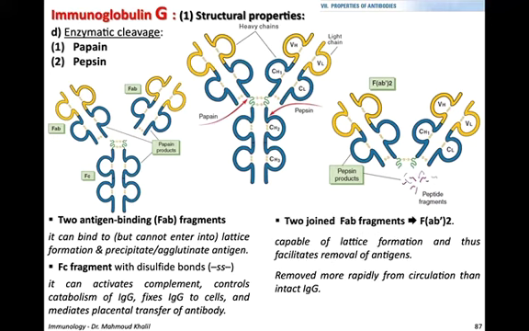These two joined Fab fragments are differentiated in the nomenclature as F(ab') 2, to differentiate them from the normal Fab region. This is capable of lattice formation and removal of antigen because of the existence of the two Fab regions. And the Fc region is removed rapidly from circulation, compared to the intact IgG, as we said, the Fc fragment is extensively degraded.